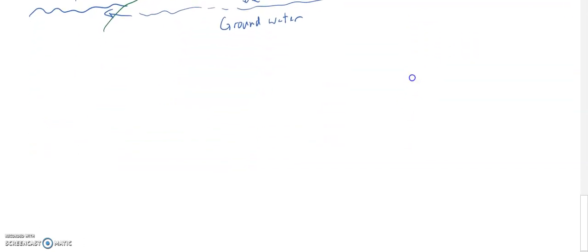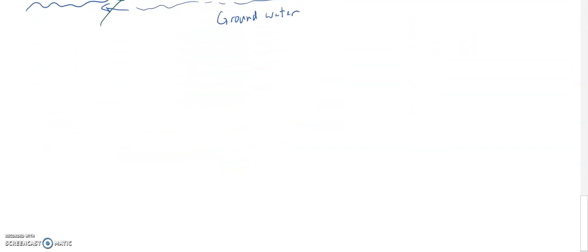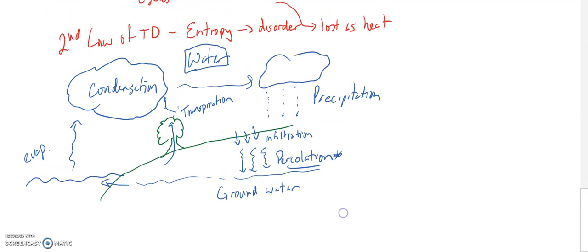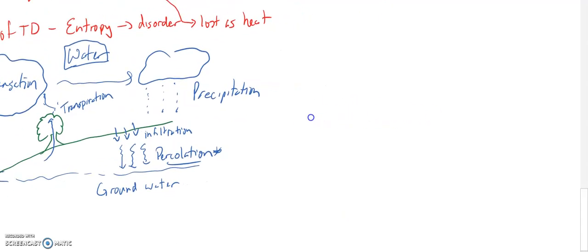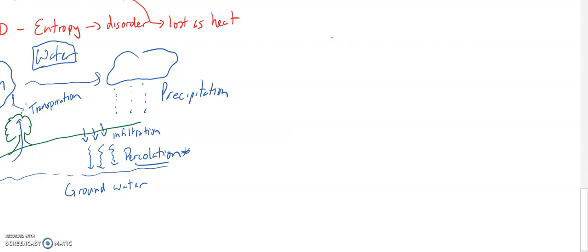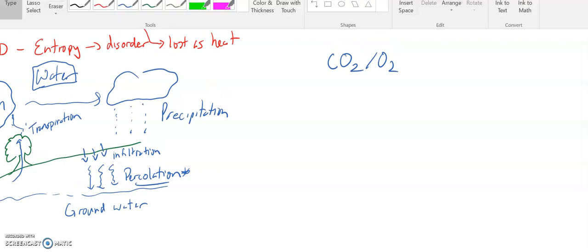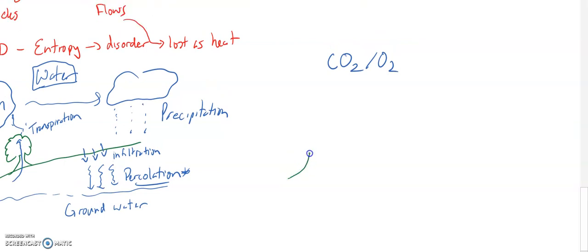Now, the cell respiration and the photosynthesis section showed you the carbon, oxygen. All right, so the carbon dioxide oxygen cycle works kind of together. So you have your plants, and then you have your animals.